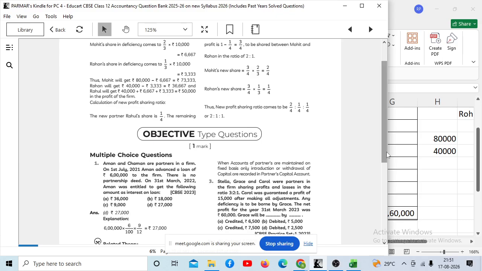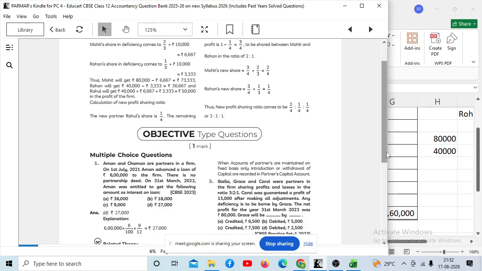Aman and Chaman are partners in a firm on 1st July 2021. Aman advanced a loan of 6 lakh to the firm. There is no partnership deed. On 31st March 2022, Aman was entitled to get the following amount as interest on loan. Option A is 36,000, B is 18,000, C is 9,000, and D is 27,000.